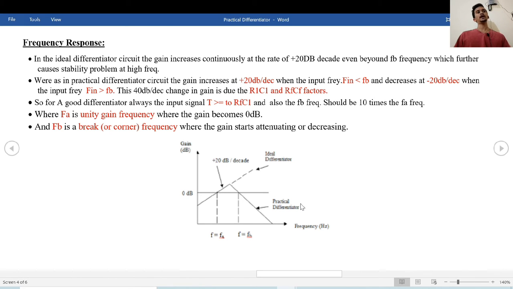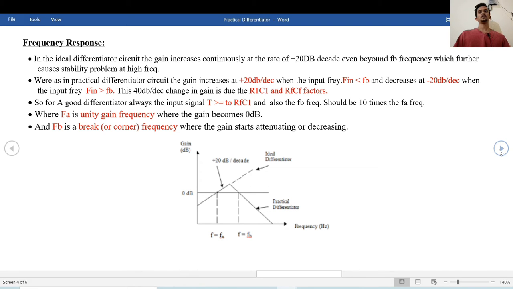Here FA is the unity gain frequency where the gain becomes 0 in the differentiator circuit, and FB is the break or corner frequency where the gain starts to attenuate or decrease. As you can see here, this is the frequency response of the practical differentiator, and the continuously increasing gain is the ideal differentiator response.